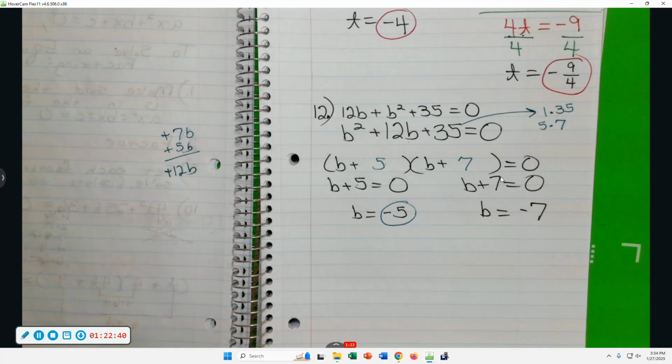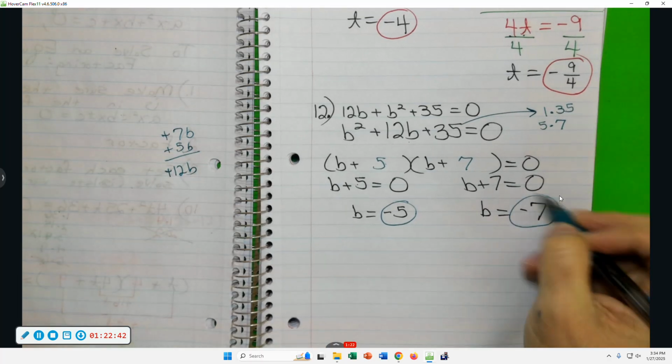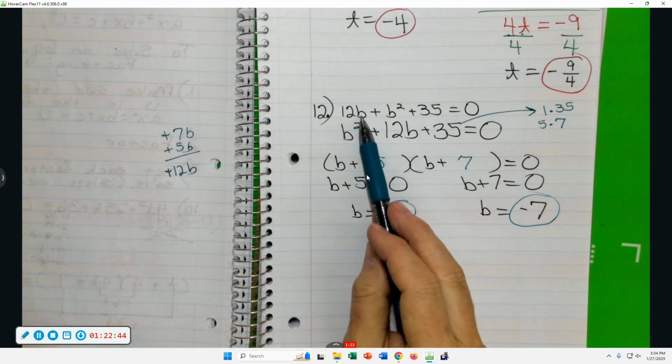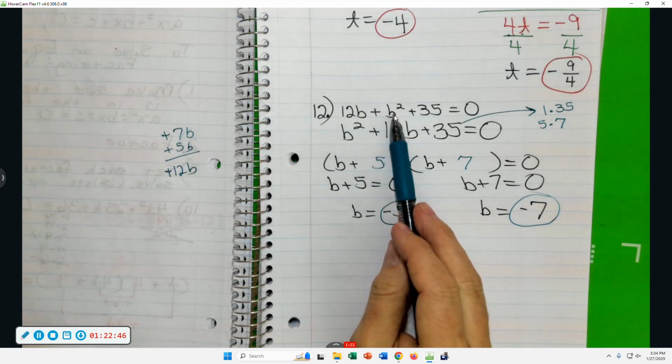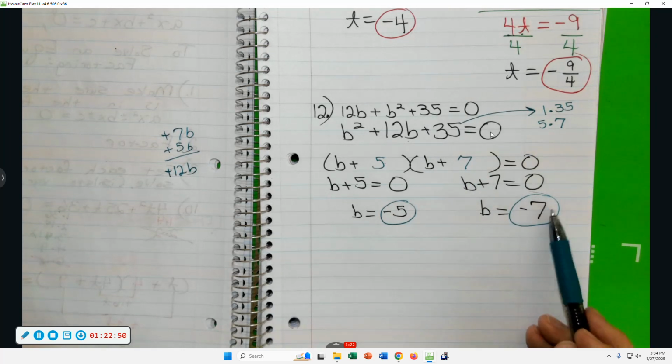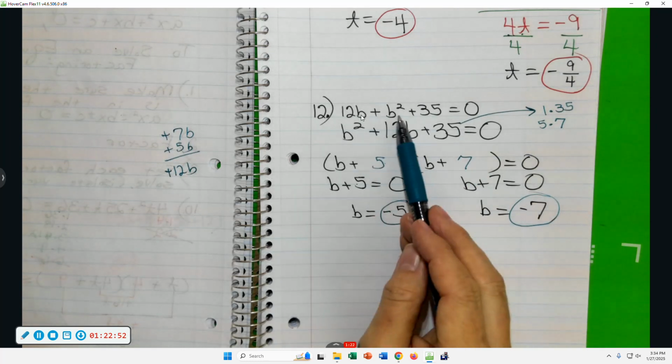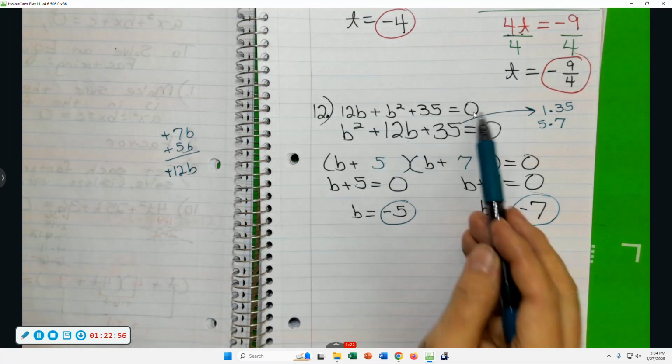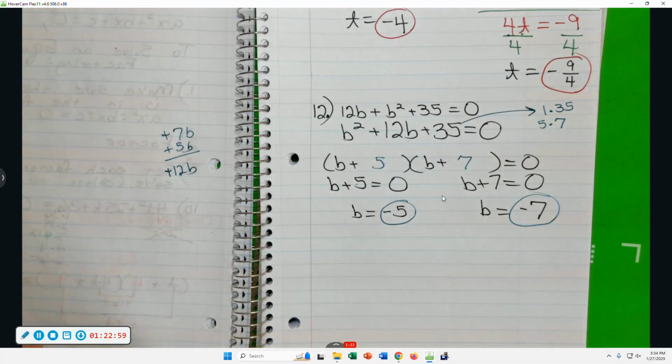Okay, that means if I took -5 and plugged it in for B and B, the left side would reduce to the right side. If I took -7 and plugged it in for both of those B's, the left side would reduce to the right side. Any questions there?